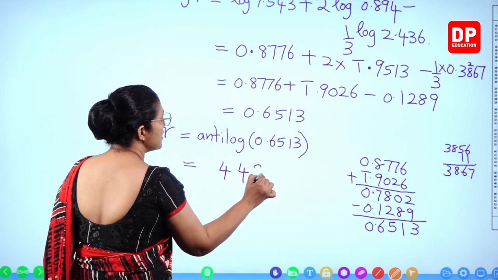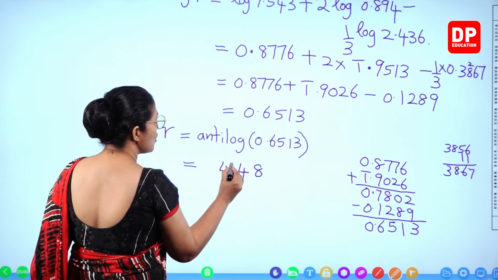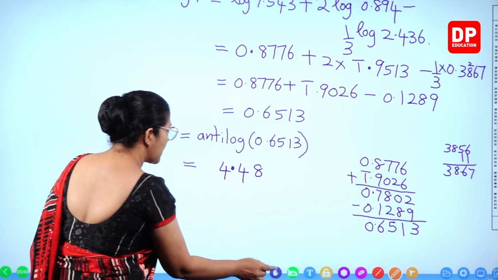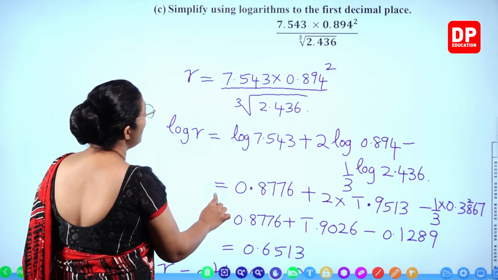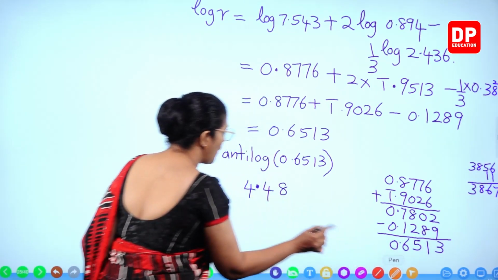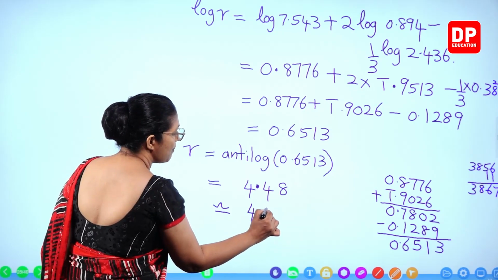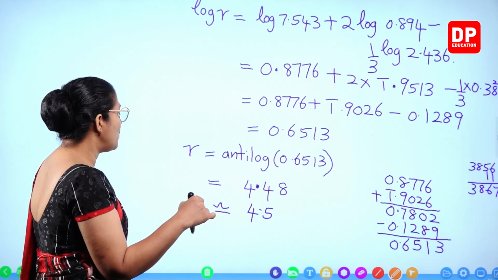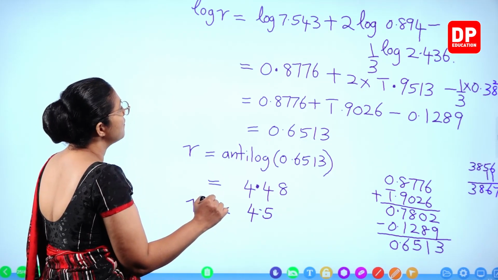But here mantissa is 0. That means when you write in standard notation, you put the decimal point here. So they are asking the value correct to one decimal place. So when you are rounding this value, you are getting 4.5 because here 8 is above 5. So you have to add 1 to the previous one. So the value is 4.5.